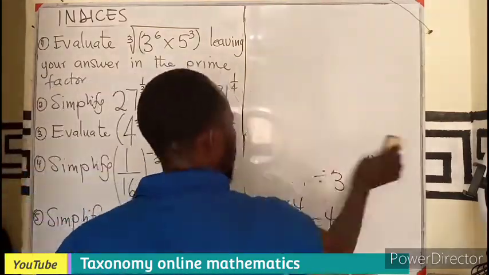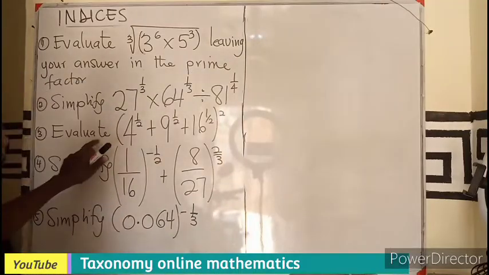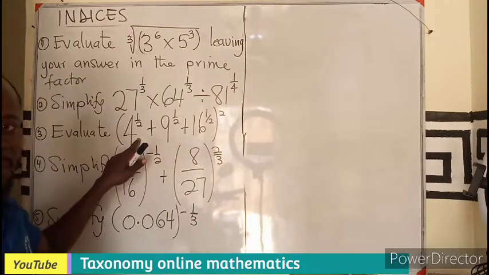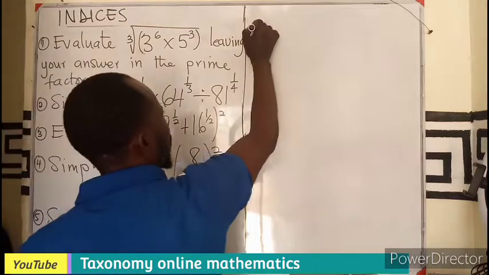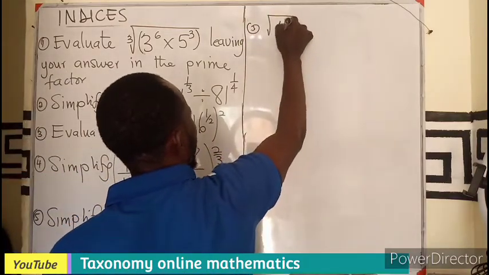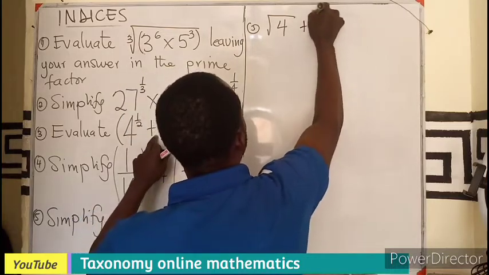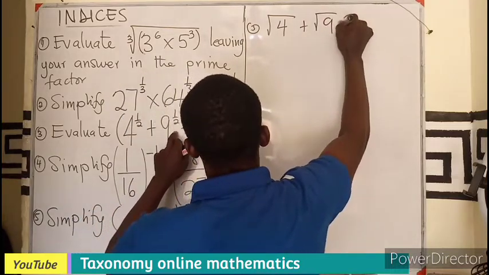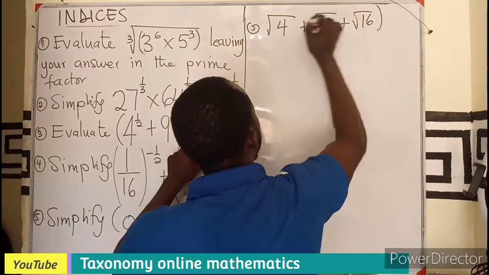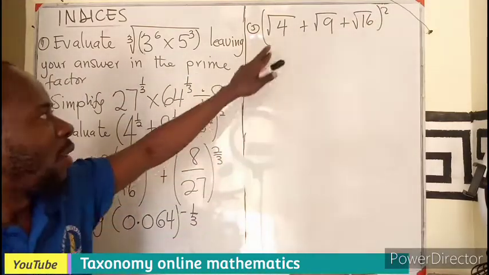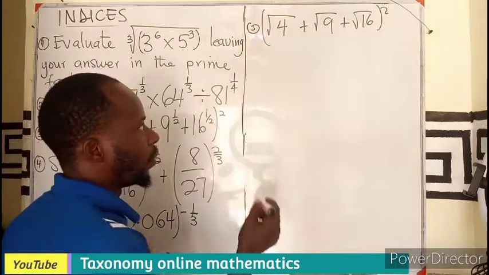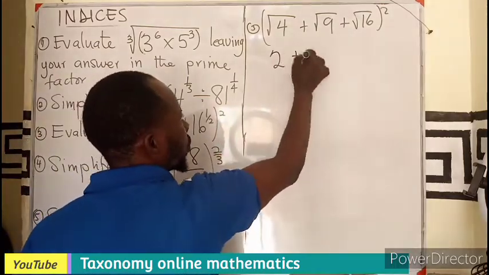Alright. For number 3, we have to evaluate. Don't forget, this is going to be the root of. So I can have root of 4 plus root of 9, plus root of 16, all squared. So I'll find the root of 4, which is obviously 2.